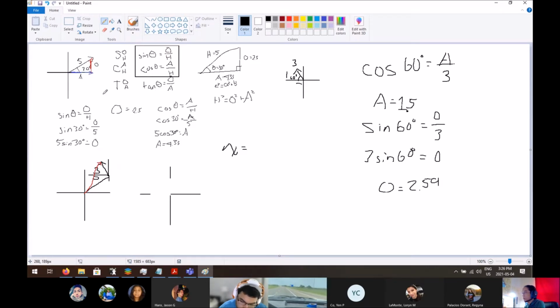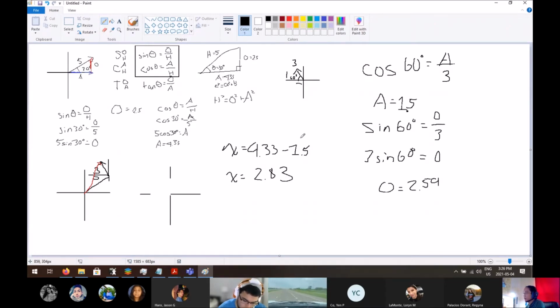Adjacent for this one would be 4.33, and adjacent for this one would be 1.5. But you see how this is going in the negative direction, it's going left, so you have to subtract it. If you would add 4.33 and 1.5, your vector would be somewhere over here. But no, it's going the other direction, so you subtract. X would equal 4.33 minus 1.5, which is 2.83.